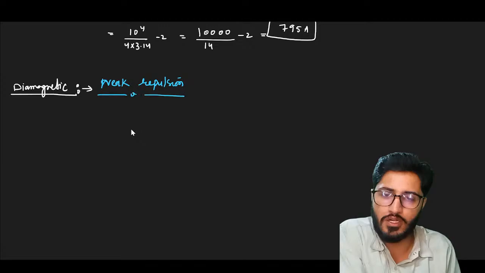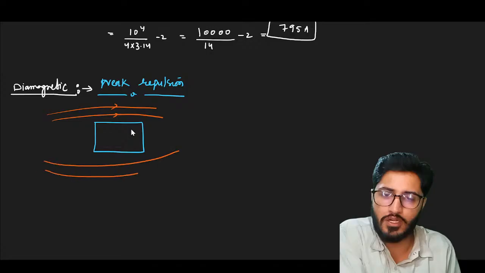Weak repulsion, right? So look now, if this is my material, the external field will look like this now. Why, sir? Because this magnet is repelling a little bit, but still it is repelling.